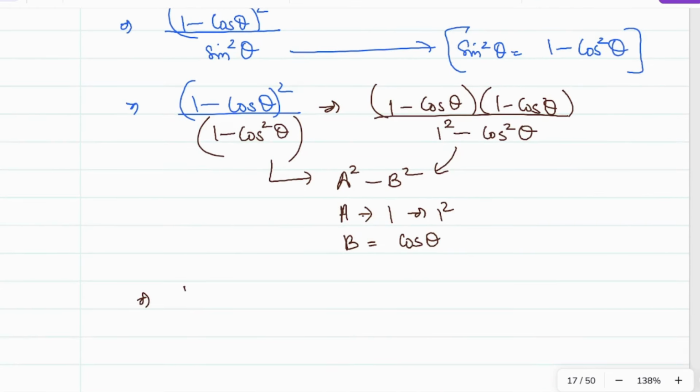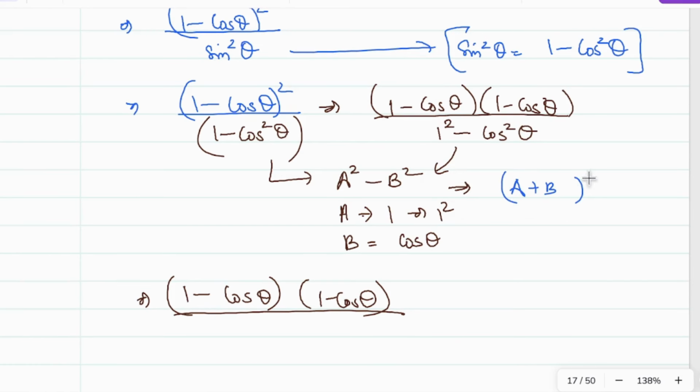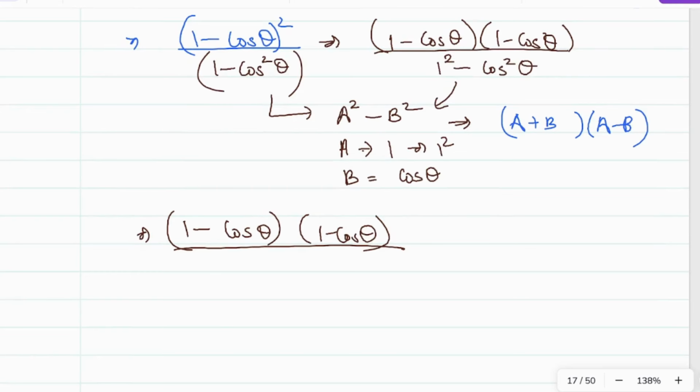So that is (1 minus cos²θ) into (1 minus cos²θ), divided by a square minus b square. A square minus b square equals (a plus b) into (a minus b). Here I can rewrite this as (1 plus cosθ) into (1 minus cosθ).